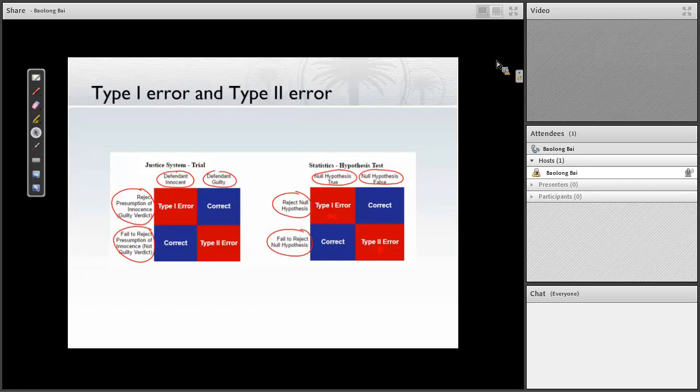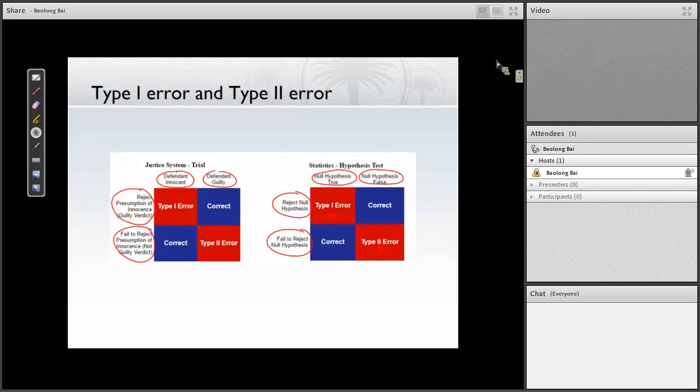So the decision making in hypothesis testing is just about using probabilities. So we're going to use the probability to our benefit by, if we do it correctly, doesn't matter what decision you make, either reject null or fail to reject null, you always have a chance for being correct or have a chance for error. But we are able to control the error rate. We can control the type 1 error rate as 0.05.